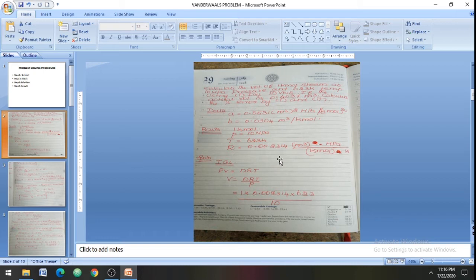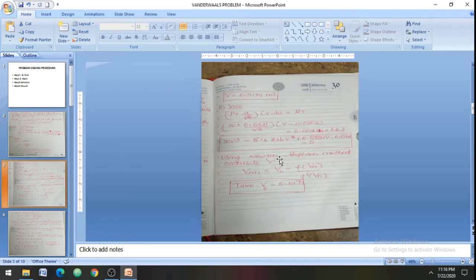We know PV is equal to nRT, so V is equal to nRT by P. In this case, from the basis, n is equal to 1, P is the given value, R is a constant value, T is given. Substitute all the values and find out the volume. V is equal to 0.5179 metric cube. Second question, calculate the volume using the Van der Waals equation.